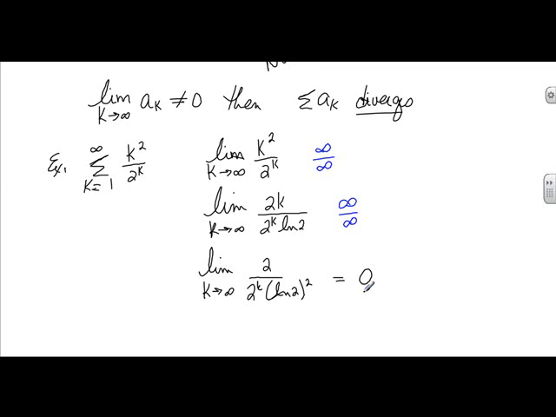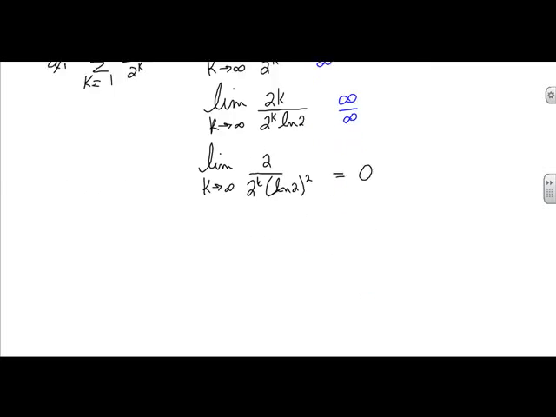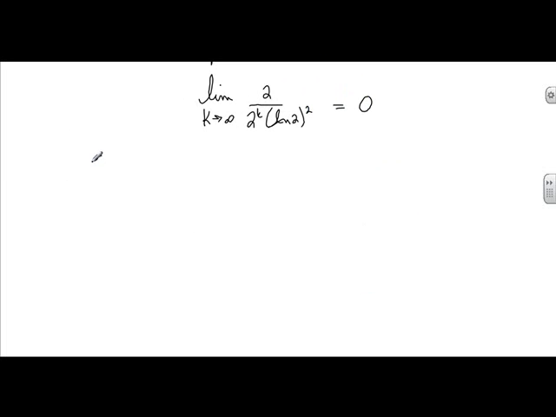Now to look at another example, suppose we've got the series, k starts at 1 and goes to infinity, of the square root of k squared plus 1 all over k. And we're going to take a look at the limit as k approaches infinity of that quantity.